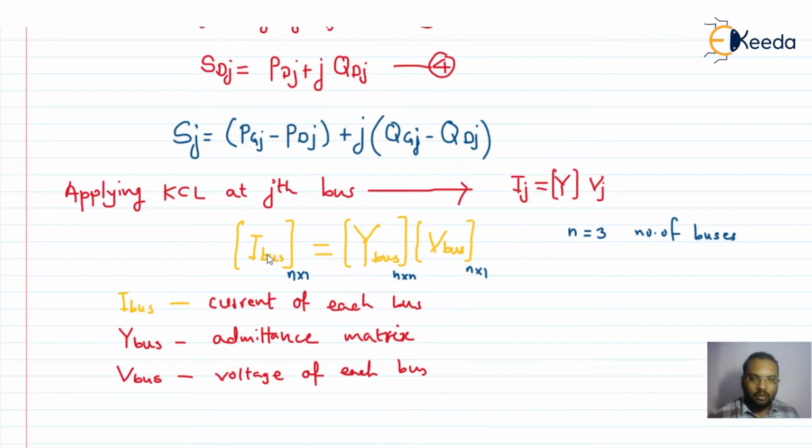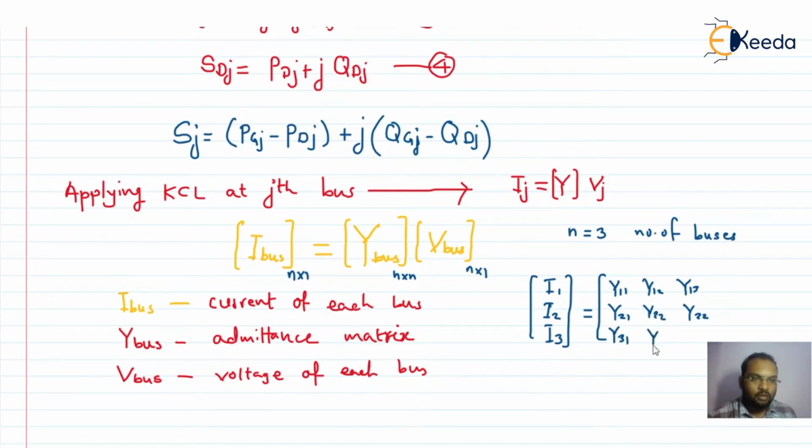How can I write this modeling? I will write I1, I2, I3 equal to the matrix Y11, Y12, Y13, Y21, Y22, Y23, Y31, Y32, Y33, into the voltages at those buses, V1, V2 and V3.